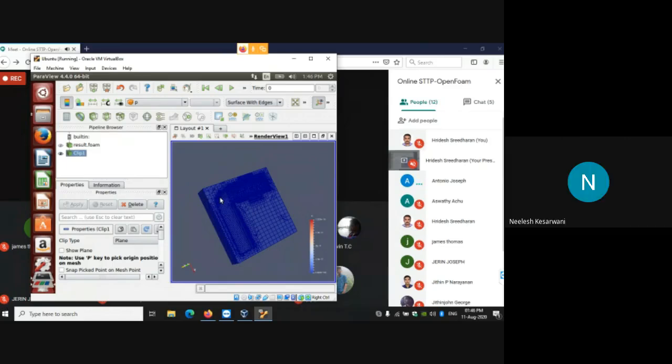Let it be a column of a bridge, a pier of a bridge. The water is flowing through that cylindrical portion, and we want to analyze how it's affecting the flow of water or how the vortices are being created, etc. So that's a problem of flow past a cylinder. In that particular case, we want to model the domain.